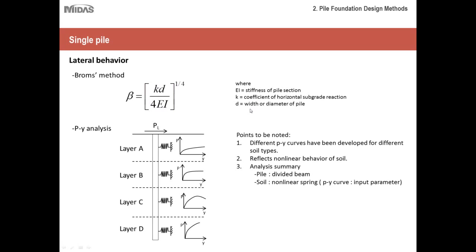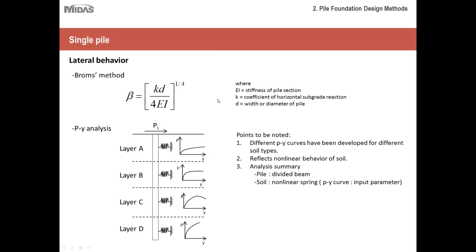So this means you need to have these variables punched in, where k is the coefficient of horizontal subgrade reaction, and D is the diameter or the width of the pile. This formula keeps changing depending upon different pile types, different conditions, and different diameters or lengths of the pile. So it has certain other branches.